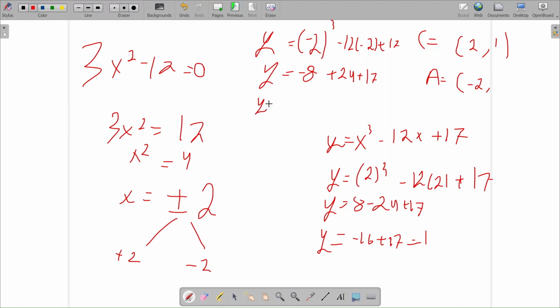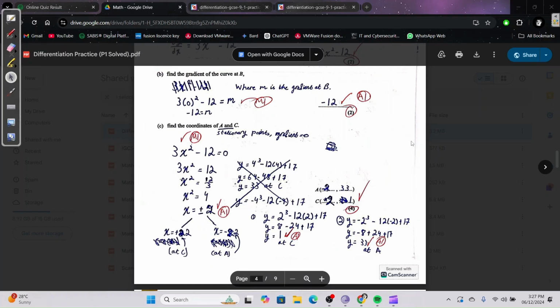It's actually 24 minus 8, which is 16, plus 17, which equals 33. Let me confirm with the calculator. Yes, 33. So negative 2 and 33 is our point. These are our answers.